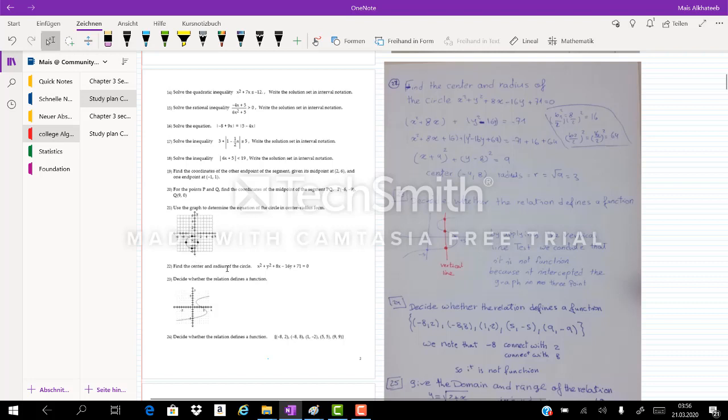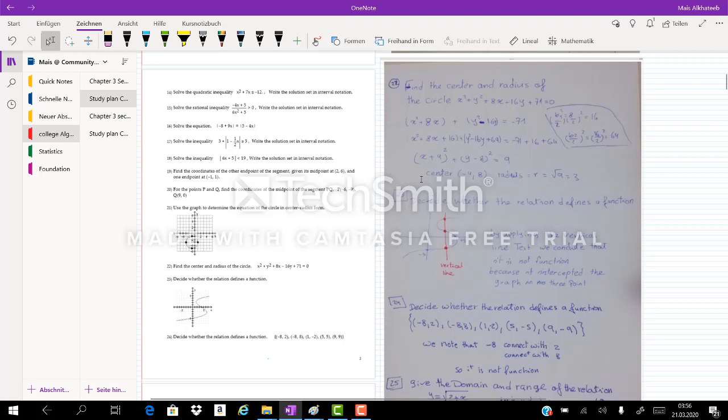In 22 we have to find the center and radius of the circle. So we have to write it in the form of the equation of the circle, which is x minus x1 squared plus y minus y1 squared equals r squared, to know the radius and the center.